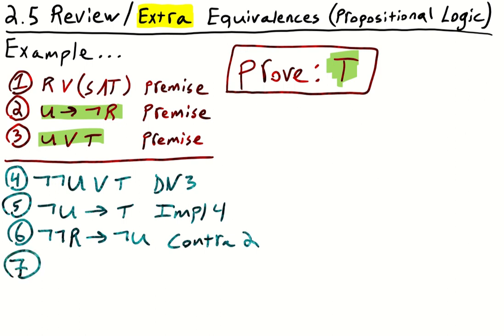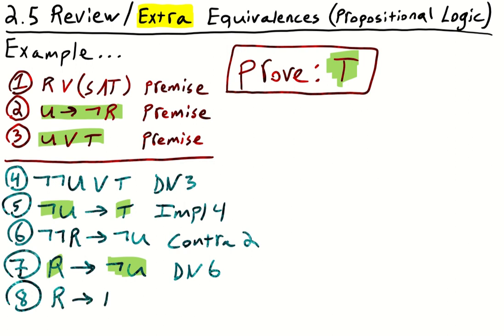So 7, we have R implies not U, double negation line 6. Here is our hypothetical syllogism: if R, then not U, but if not U, then T. Thus for line 8, we can get if R, then T, hypothetical syllogism, lines 5 and 7.